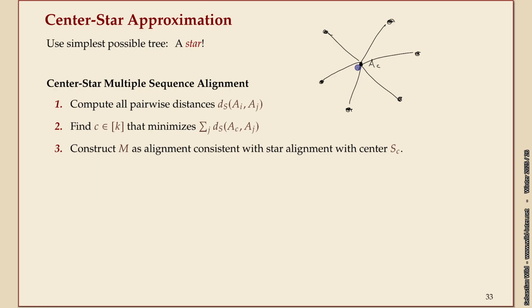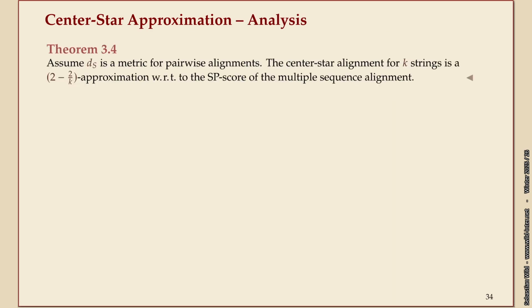This merging in really consists of just ignoring columns where there were additional gaps that didn't exist in your alignment. Right? This is all that happens. It's very simple. But how good is this? It turns out it's a 2-approximation, or actually slightly better when k is small. You can show it's 2 minus 2 over k.